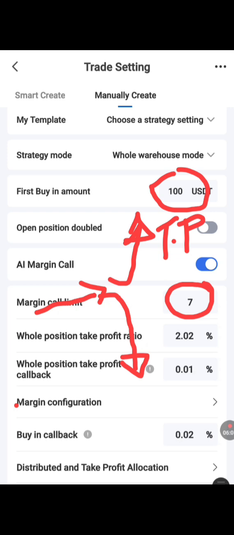The advantages are, one, that it helps in actually lowering the average price of the coin bought so that in case of any recovery or any market reversal in your favor, you are able to exit out of the market earlier compared to someone who's just sat and watched the market go down against him or her and did nothing.